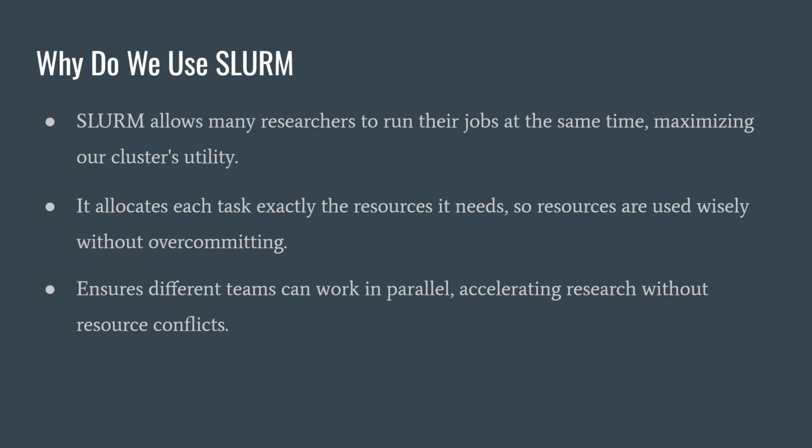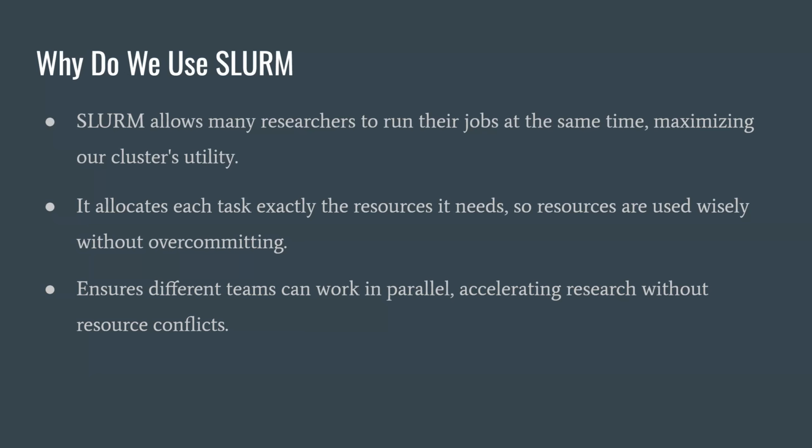Some of the benefits of SLURM are that the researcher or the user can define exactly what resources they need for a specific task. They can say how many GPUs they need, how much memory they need, how many nodes they need. Based off that, SLURM will add their specific job to the queue of jobs that needs to be run, and that way many different researchers can run jobs at the same time, only accessing the resources that they specifically need.